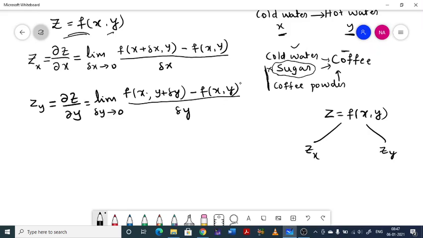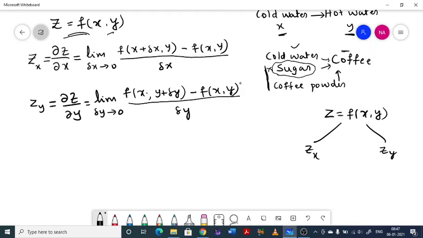Next, suppose we differentiate this again, second order partial derivatives. You have studied in the case of ordinary derivatives, first order derivative, second order derivative, third order derivative, and it can go up to nth order derivative. Now from the view of partial differentiation, I have first order derivatives. Now can we find second order derivatives? Yes, we can find second order derivatives also.